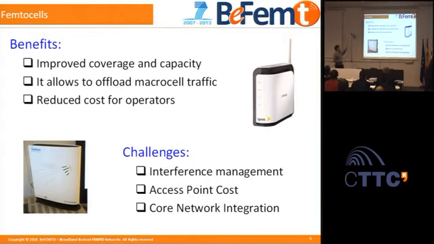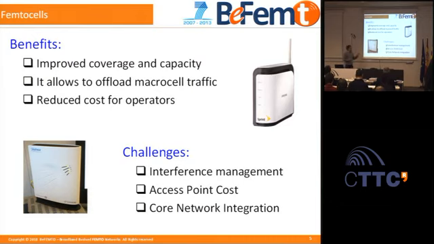And for the operators, this solution is very attractive because, due to these two main points, they can have reduced costs for these deployments. But this benefit comes with several challenges.